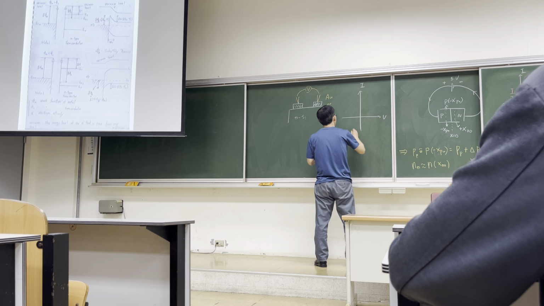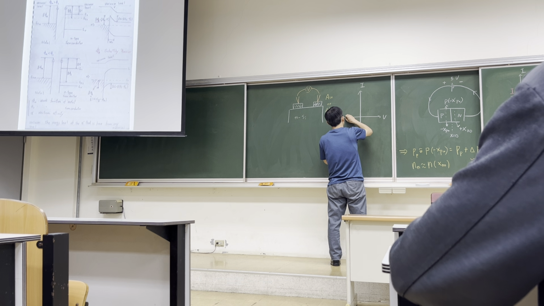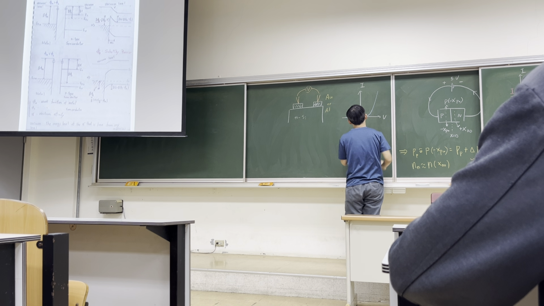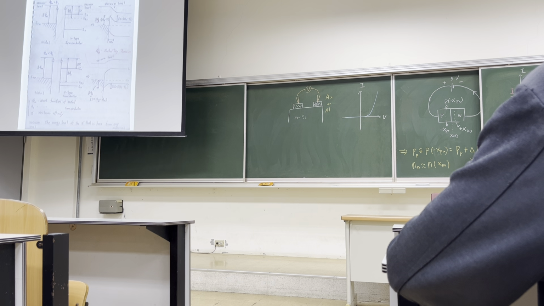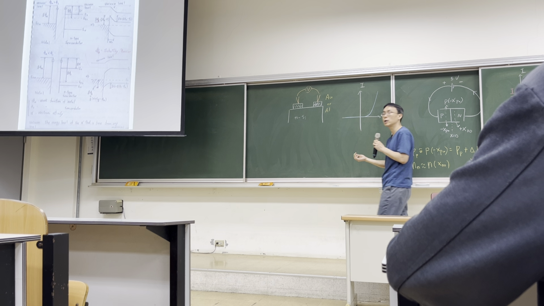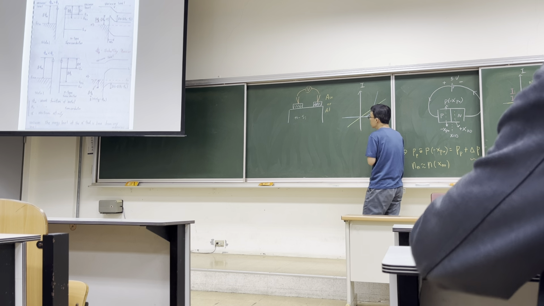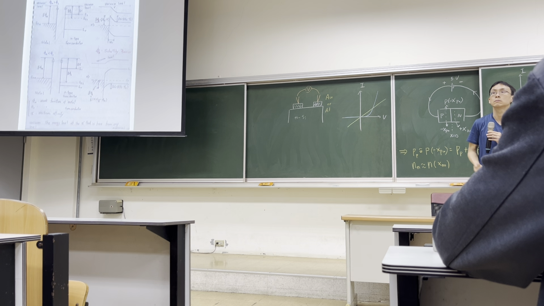One metal will give you this, the blue line. And the other metal will give you the green line. Okay? Do you know which metal gives you which line?